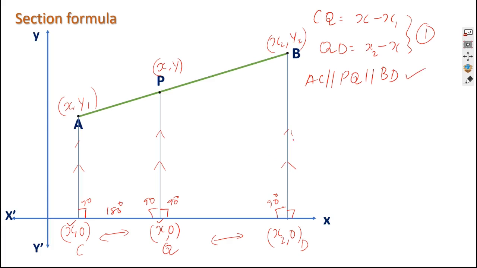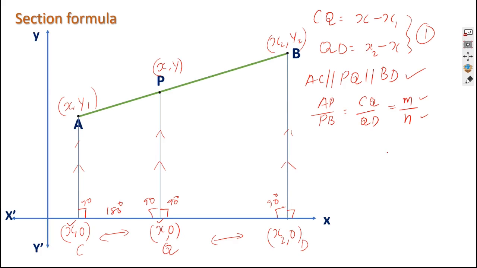We can also write that AP upon PB will be in the same proportion as CQ upon QD. Correct? For convenience we say that the ratio of AP to PB and CQ to QD will be M upon N. For convenience of handling this equation, we denote it as M and N.